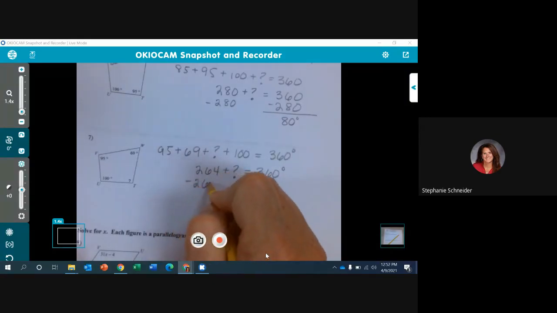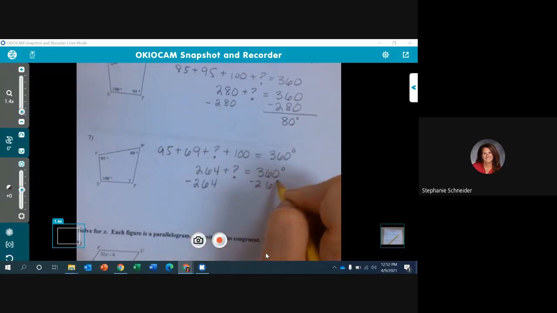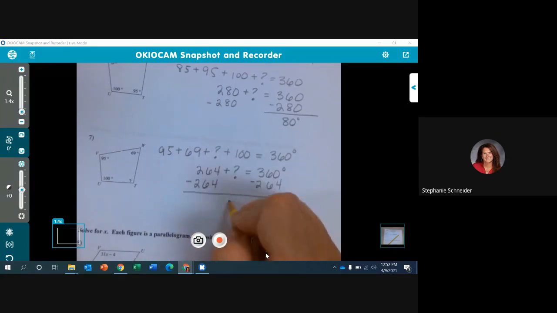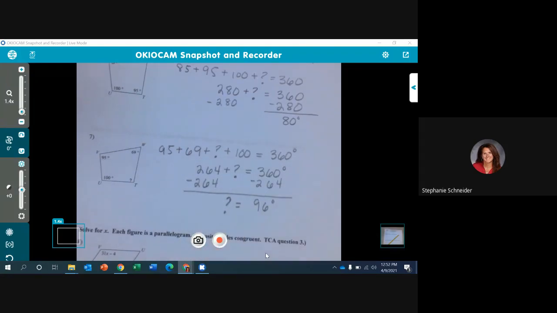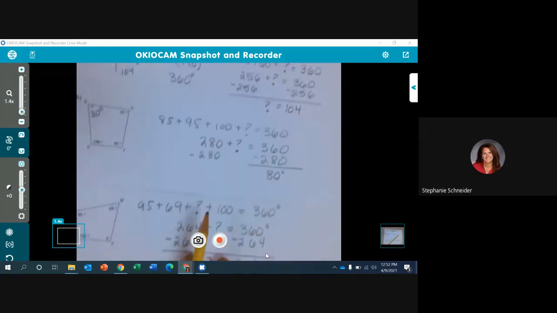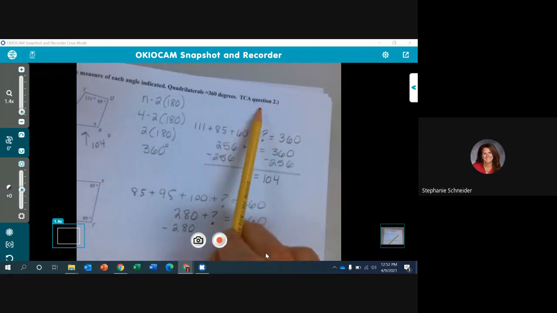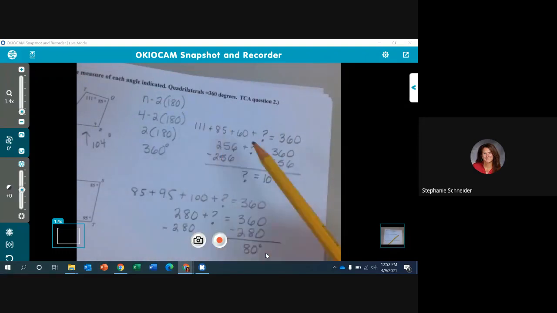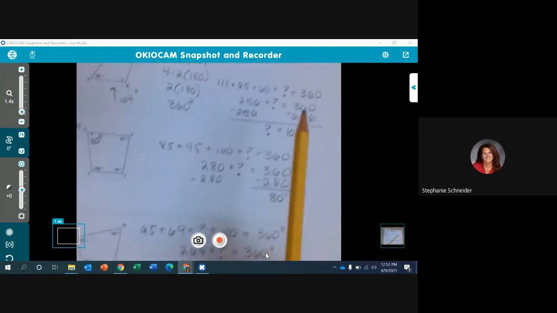So, subtracting 264 on both sides, I get my question mark is equal to 96 degrees. Okay, so if you guys notice, all of these questions that we just did here, there's only one, but we have 3 practice problems pertaining to question 2.